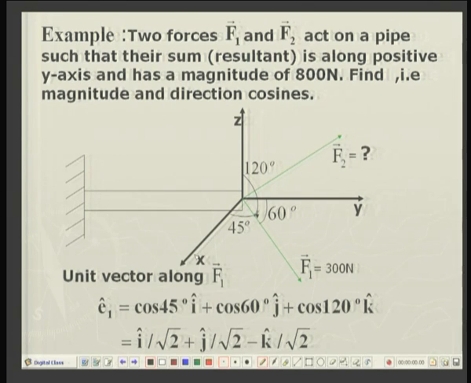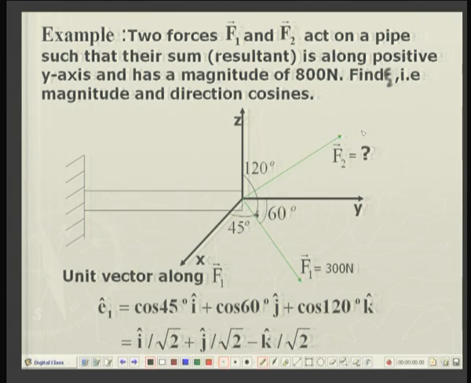We want to find F2, that is its magnitude and direction cosines, such that the sum of the vectors F1 and F2 is along the y axis. So the resultant is along the positive y axis and has a magnitude of 800 newtons. Both the magnitude and direction are given.